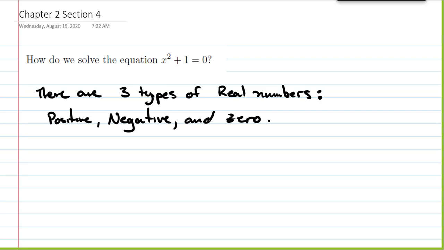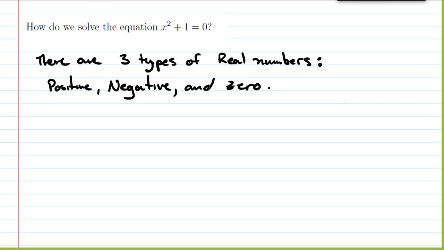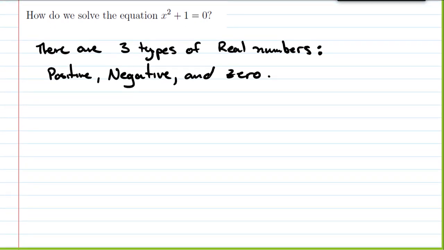So, when talking about real numbers, there are only three types: positives, negatives, and 0. So, let's go ahead and check each of these types to see if we can find a solution.